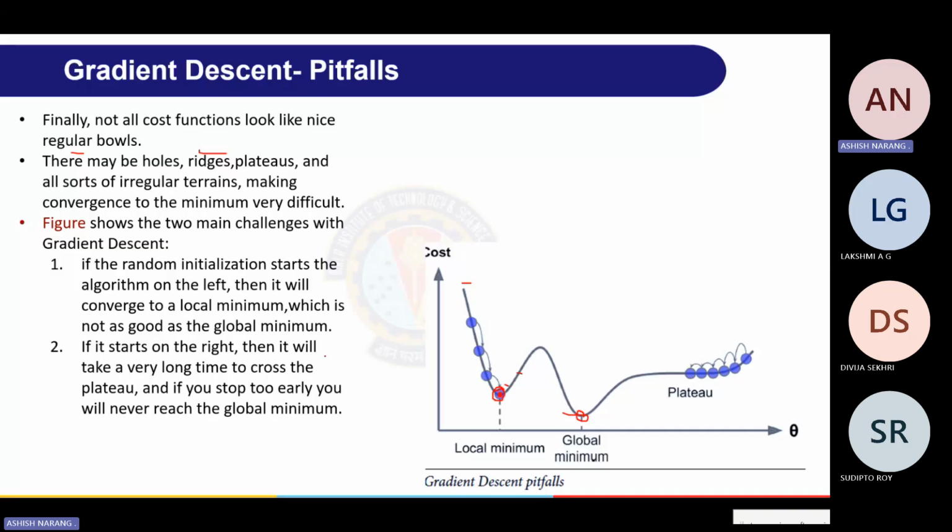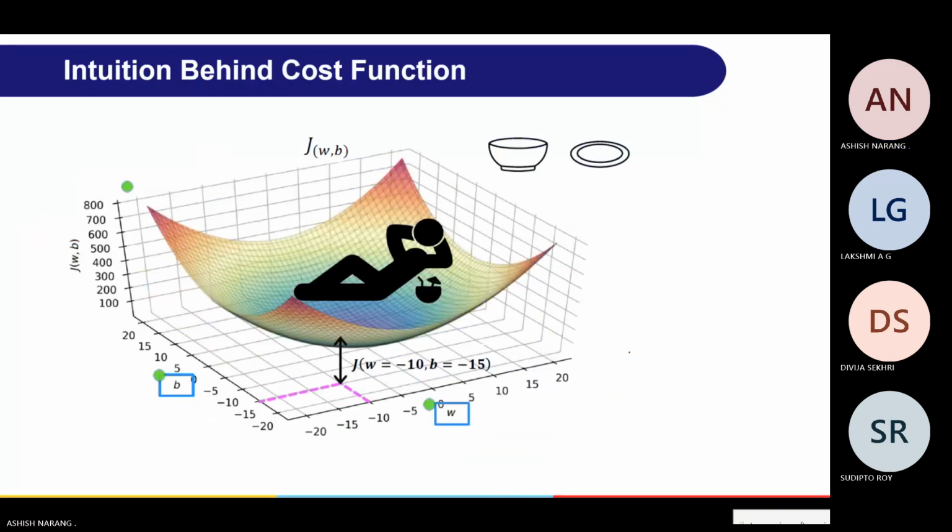If it starts on the right, it will take a very long time to cross the plateau. See, slowly it is learning, slowly, and then it is done. So if you stop too early, you will never reach the global minimum. So these are some of the challenges with respect to gradient descent, right? Though it's a very practical approach.